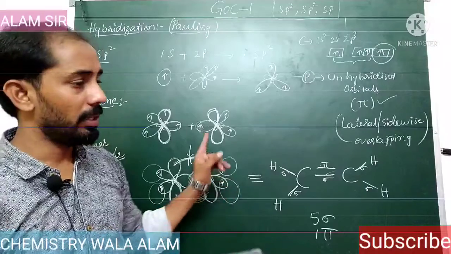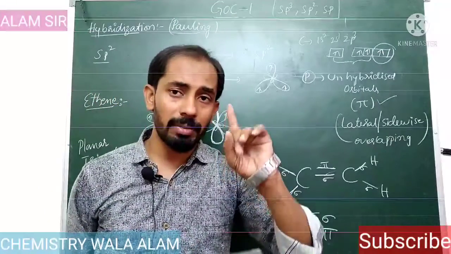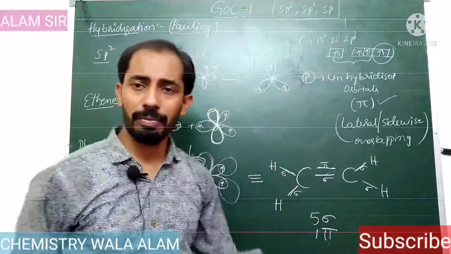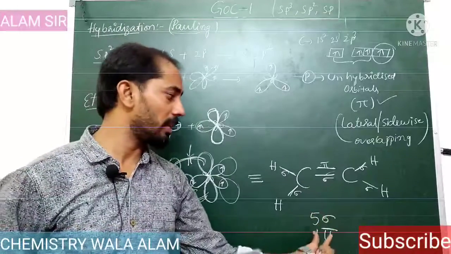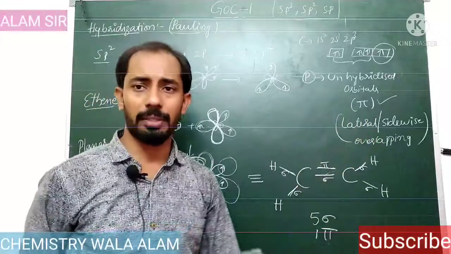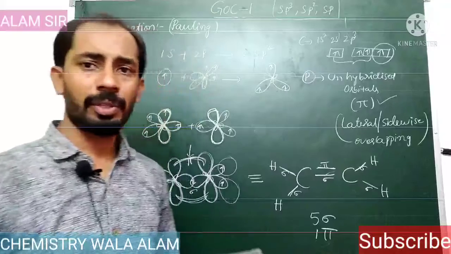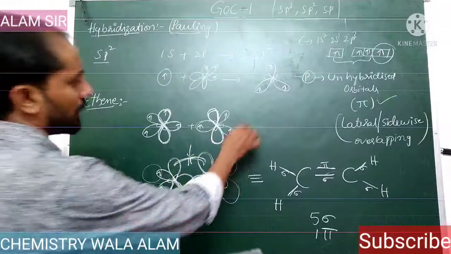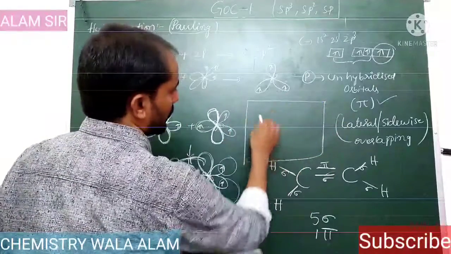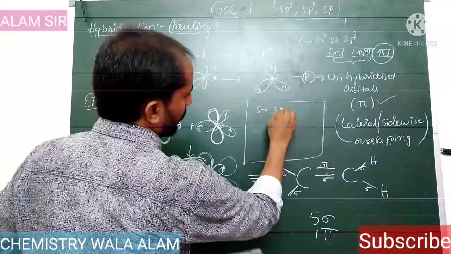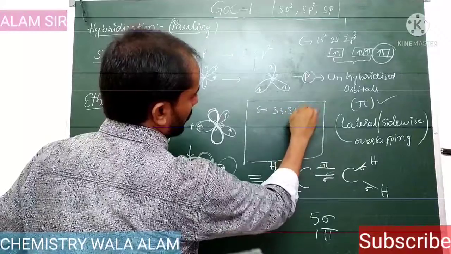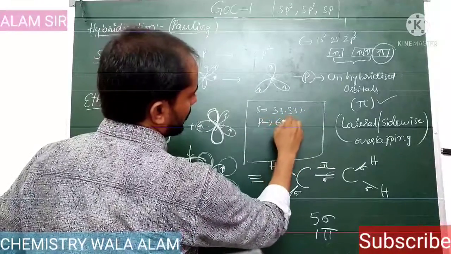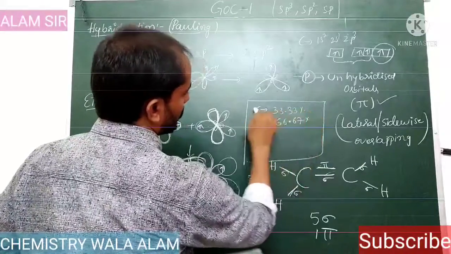Hybridized orbitals form only sigma bonds, and the pi bond is formed by the unhybridized orbital that is not involved in the hybridization. Next, in this case the s character is 33.33% and the p character is 66.67%.